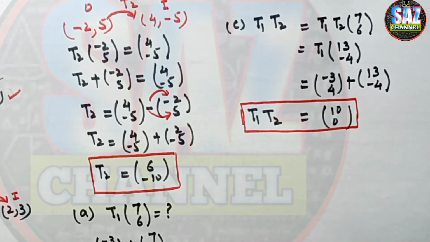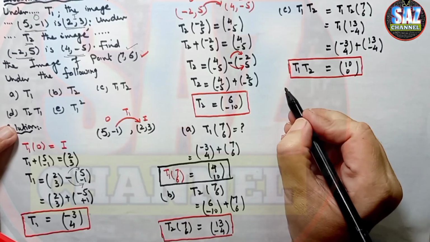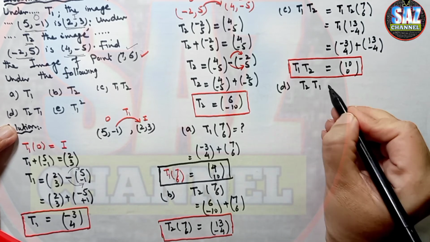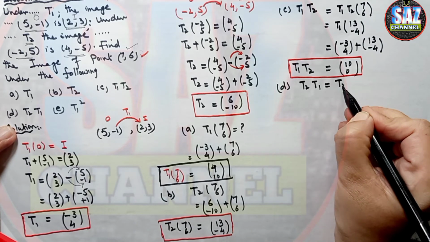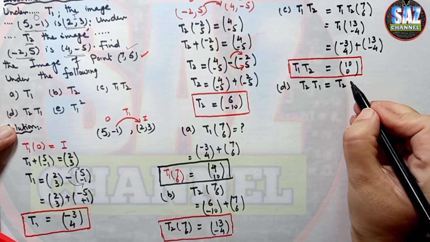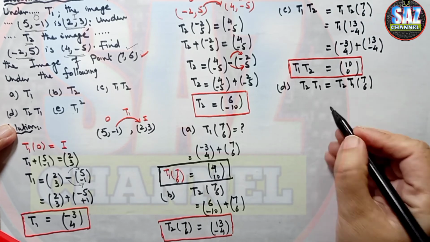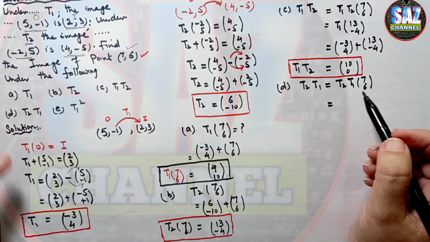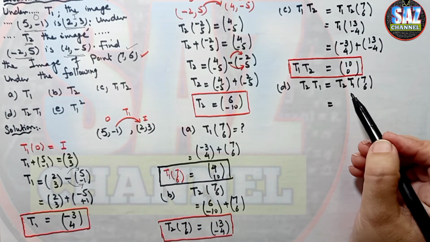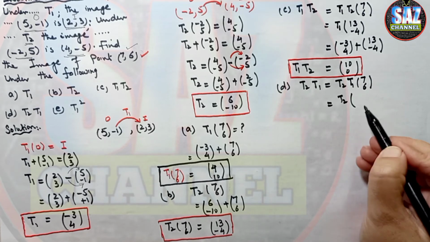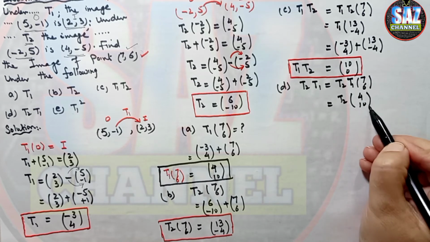And now moving to D part. D part is T2 T1. That means that we have to find the image of T1 of (7, 6) under the T2 translation vector, and the answer of T1 of (7, 6) is (4, 10). T2 has to be applied on (4, 10).